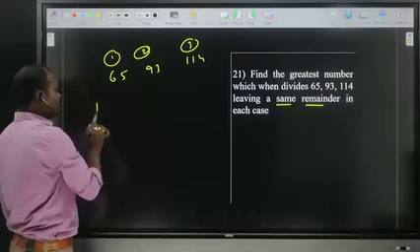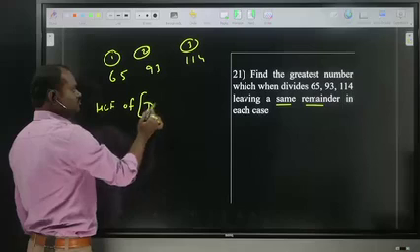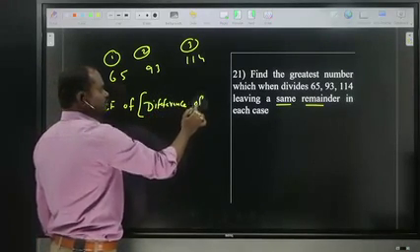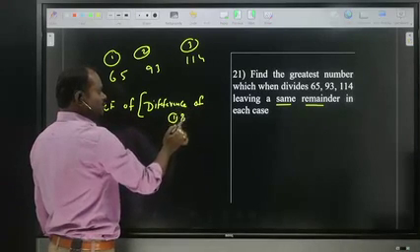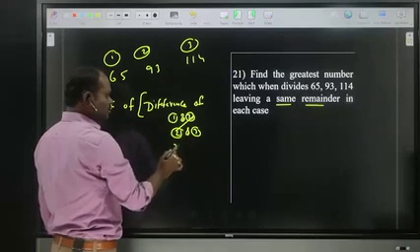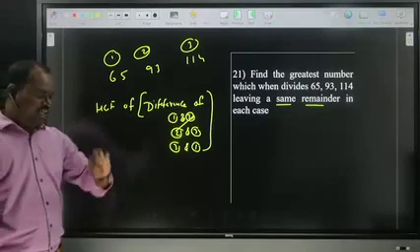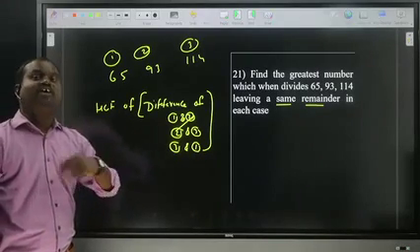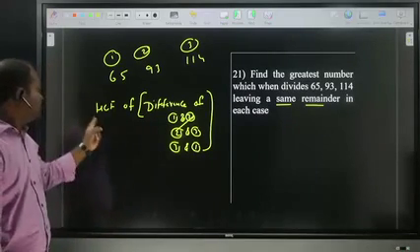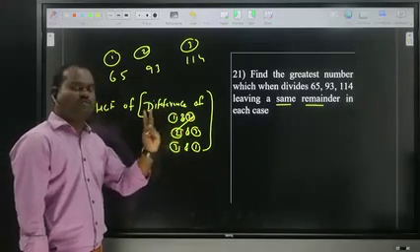Take the HCF of the differences of 1 and 2, 2 and 3, 1 and 3. Whenever the remainder is the same and he does not specify what the remainder is, we should take the HCF of the differences of two numbers: 1 and 2, 2 and 3, 1 and 3.